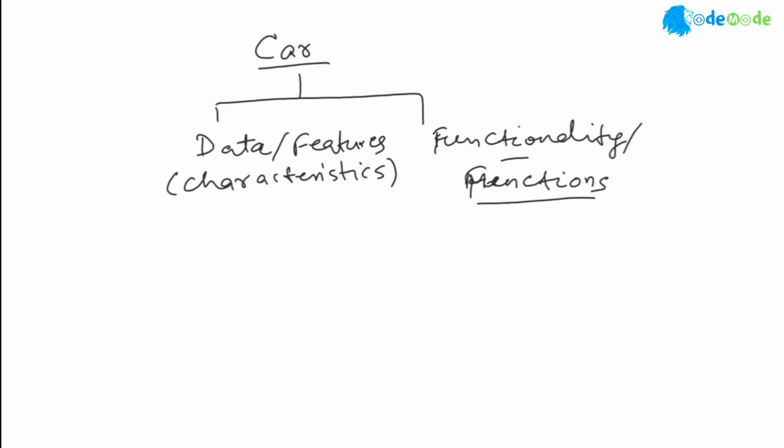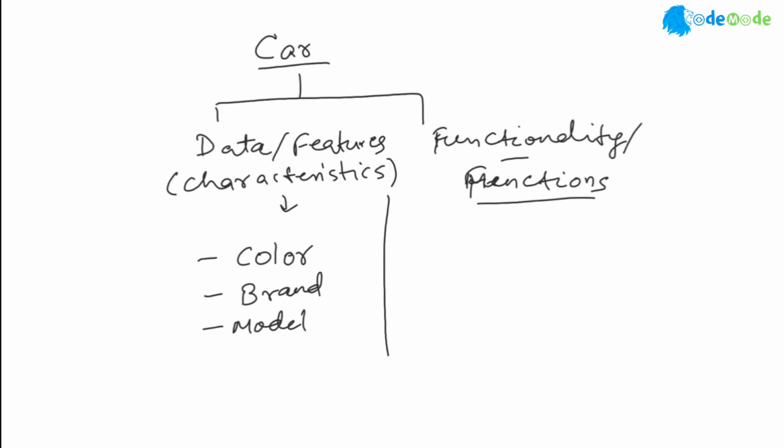A car has a color. A car has a brand. Every car has a model. A car has a number of wheels. All these things, and many more, describe what a car is.